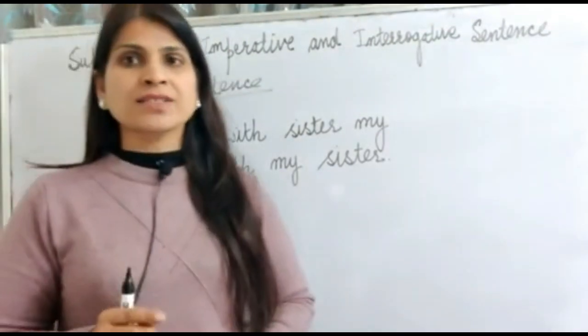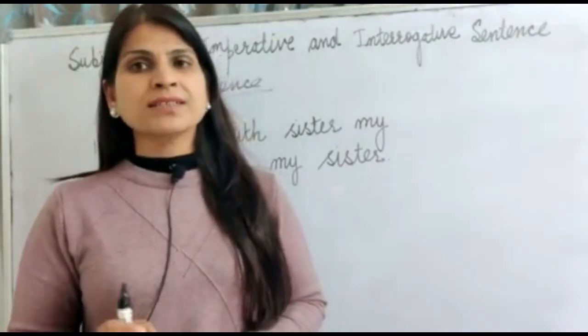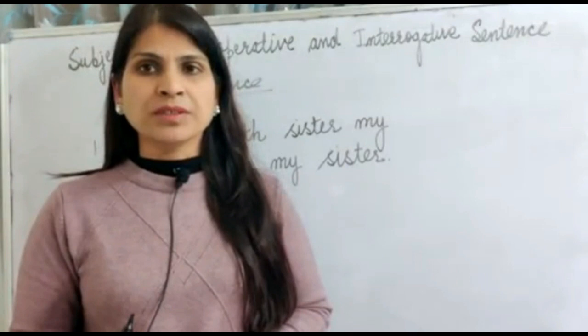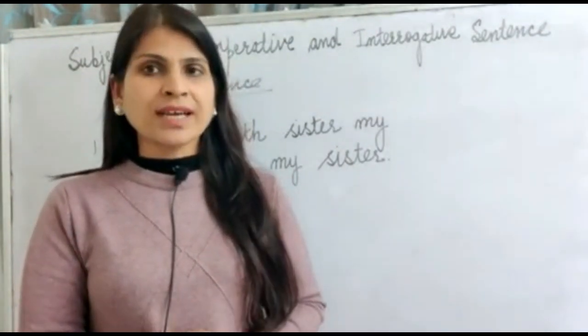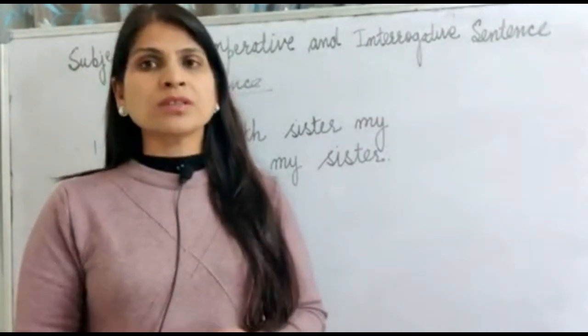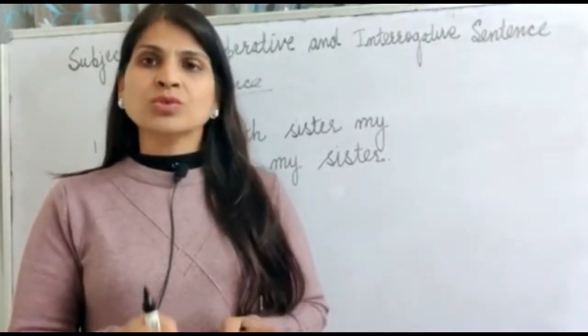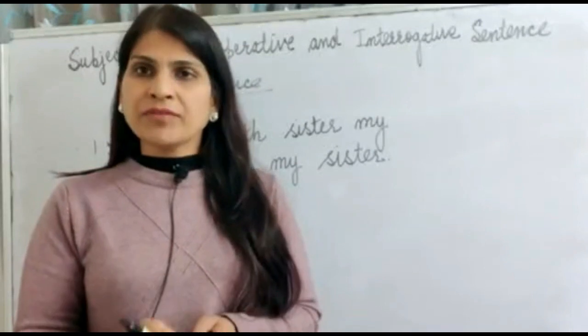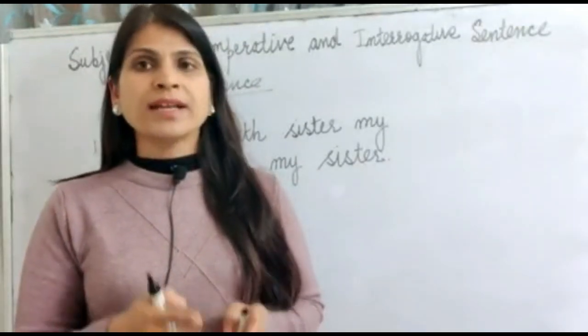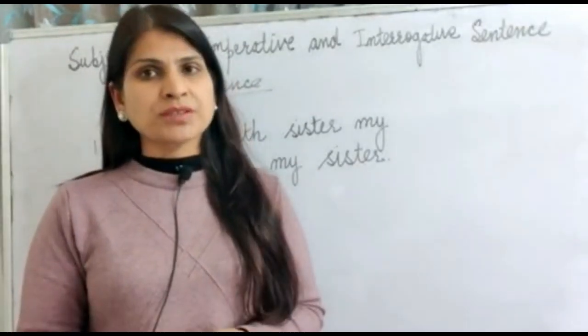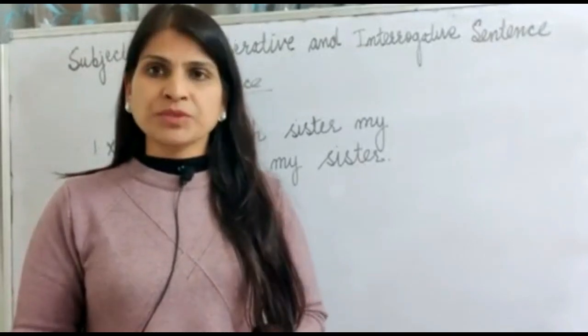A sentence has two important parts, that is, the subject and the verb. If a sentence doesn't have either the subject or the verb, then we cannot call it a complete sentence. So, we can also say that every sentence has a verb and every verb has a subject. Now let's come to the subject.